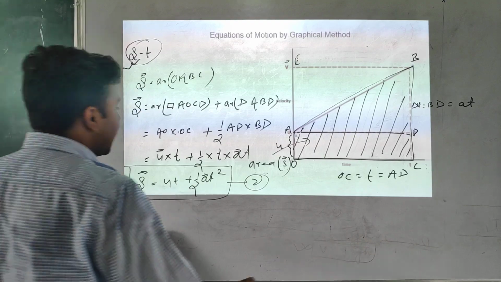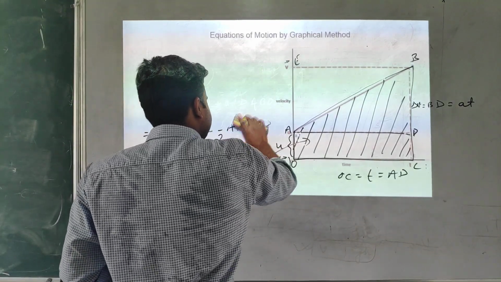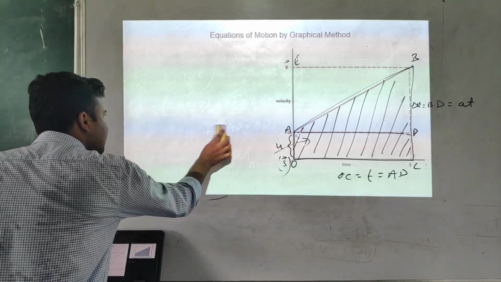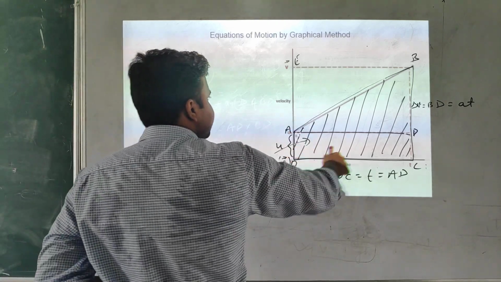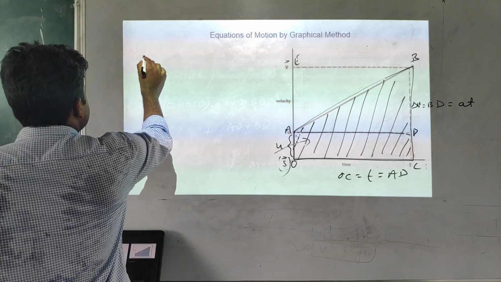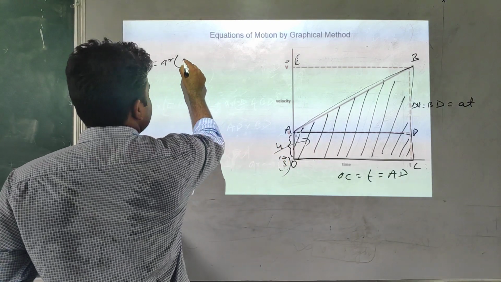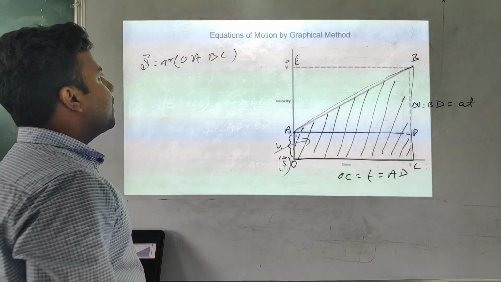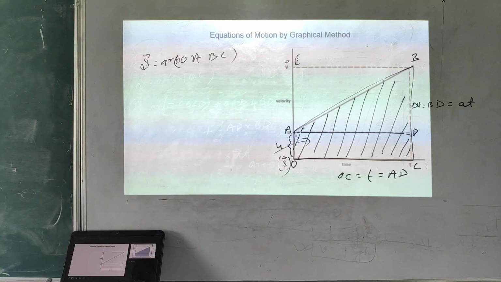Now comes the third relation. What is the third relation, students? Again, we'll use this concept, the displacement as the area of this trapezium OABC.